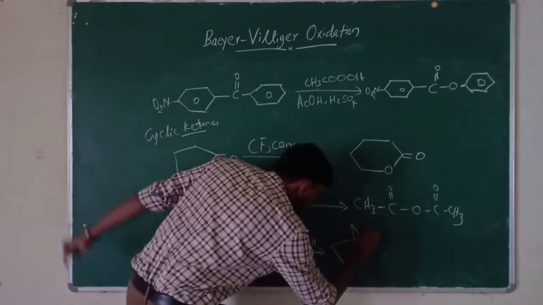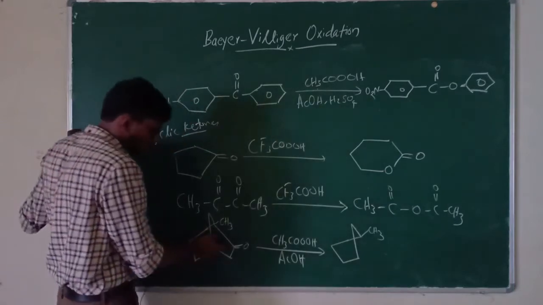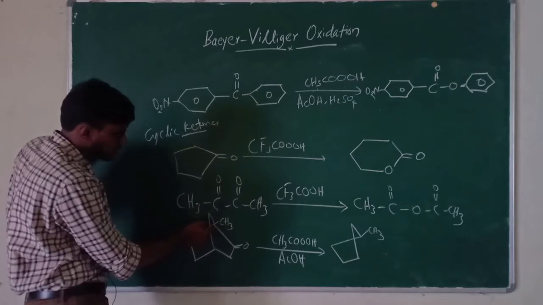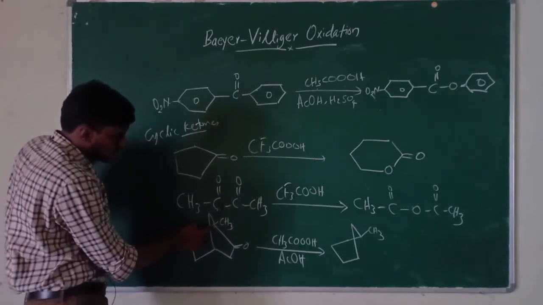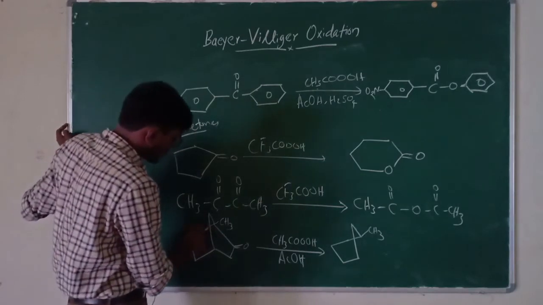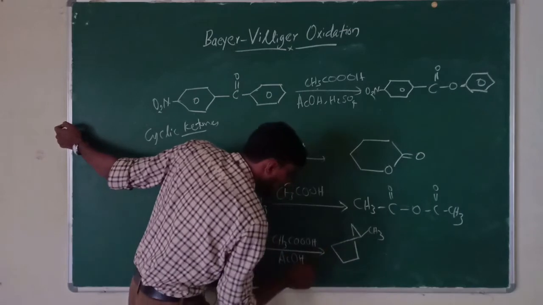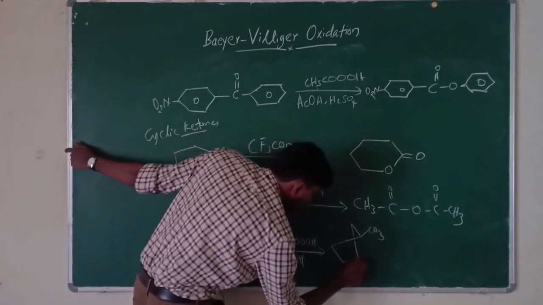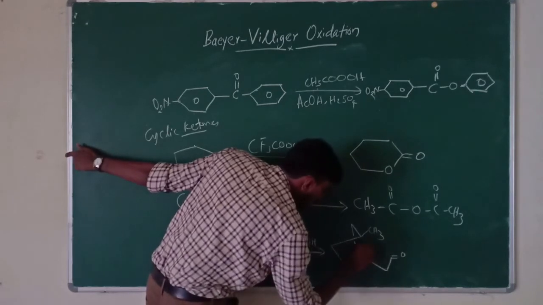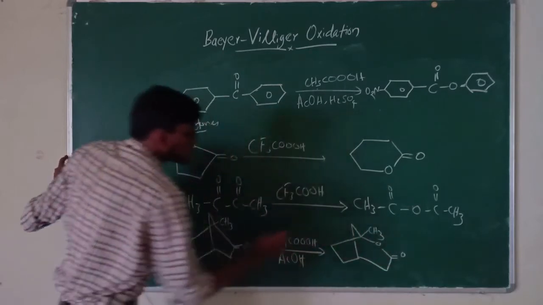Here CH3, and the oxygen is inserted between this CO and this carbon, because it is a tertiary group here. So the product has this group C double bond O, and the oxygen is inserted between this CO and this carbon.